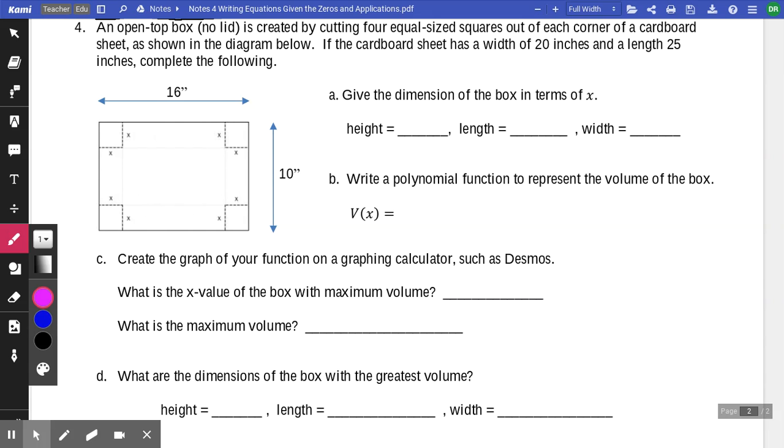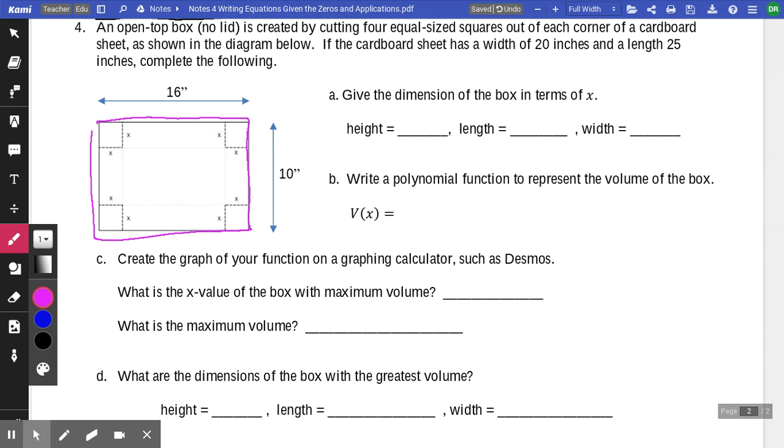You have a big flat cardboard sheet that is 16 inches long by 10 inches wide. So you just have this rectangle. These dashed lines inside are just cutting lines. We haven't actually cut into the box yet, but we will.